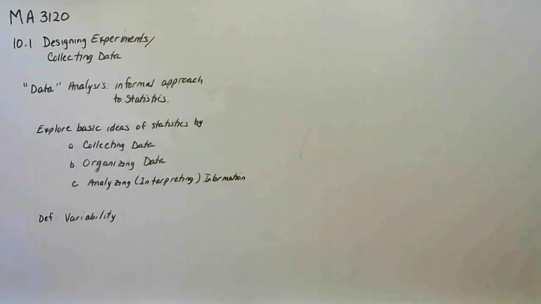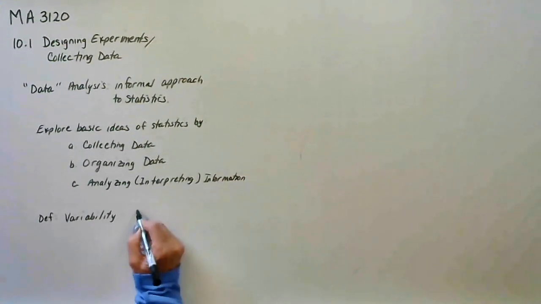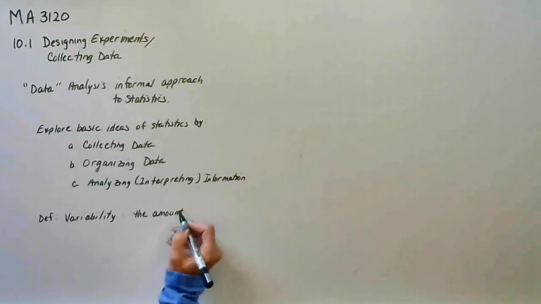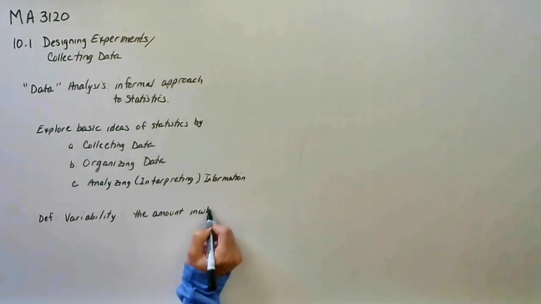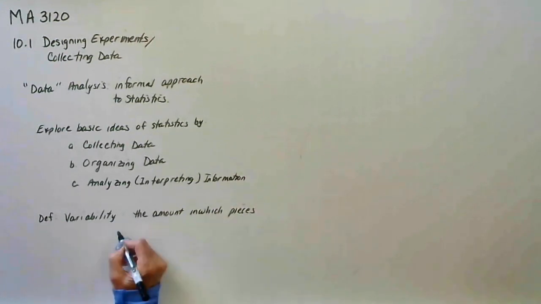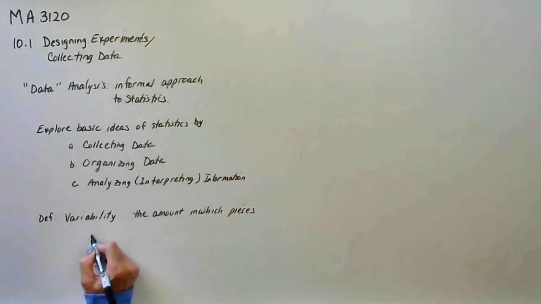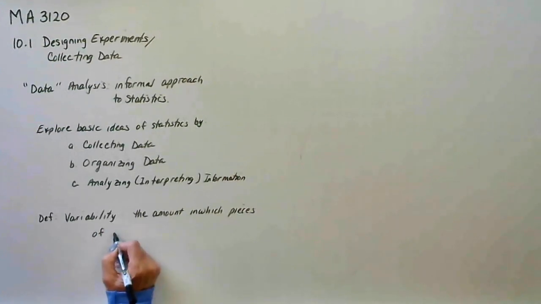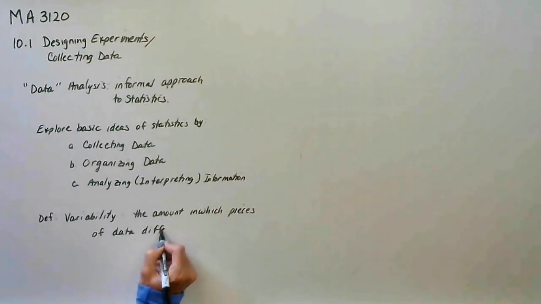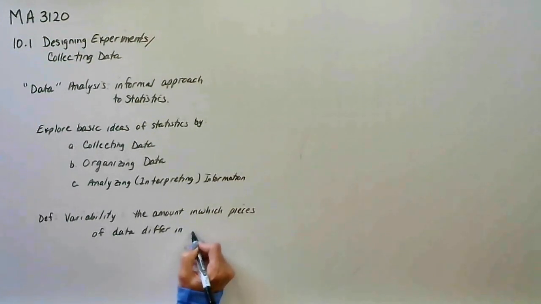So it's the amount in which different elements or pieces of data differ in a data set.